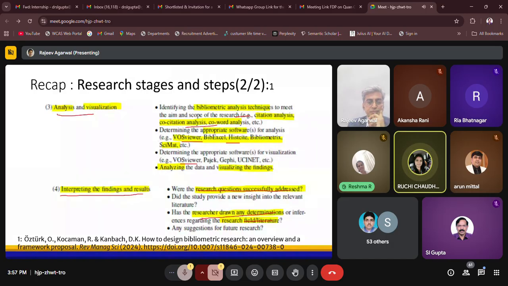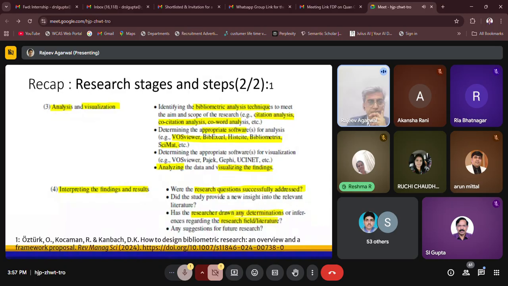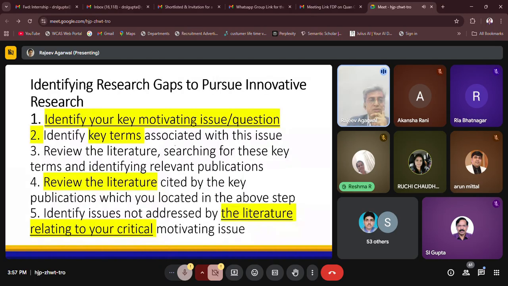So your research question should be properly defined. This is an iterative process. Once you have identified how you are pursuing research, you need to identify the key motivating issue I just told you about, and identify key terms associated with the issue.